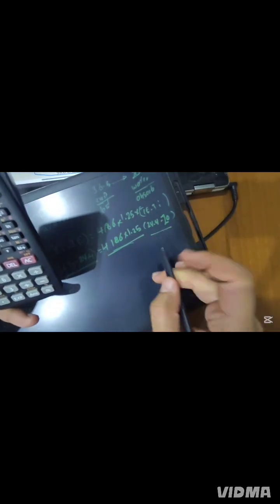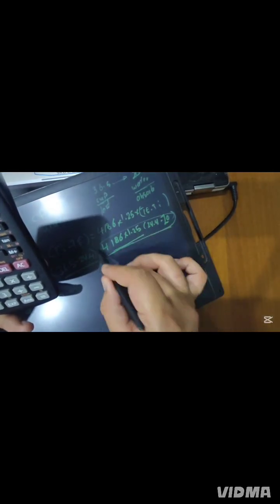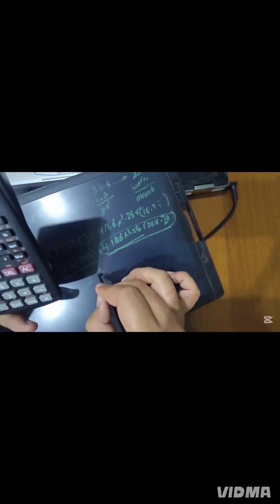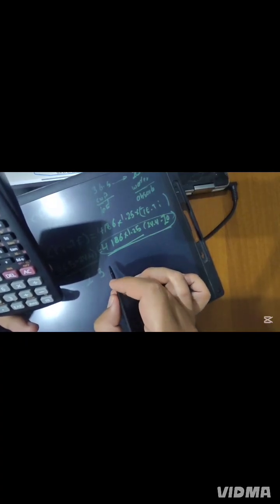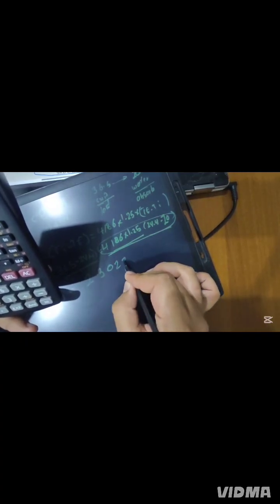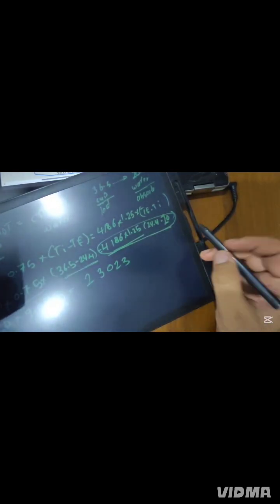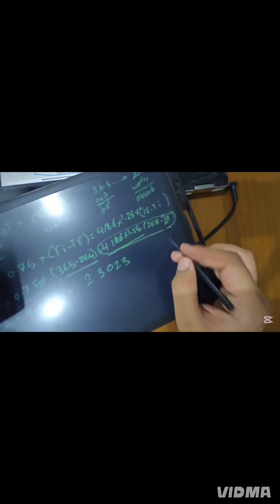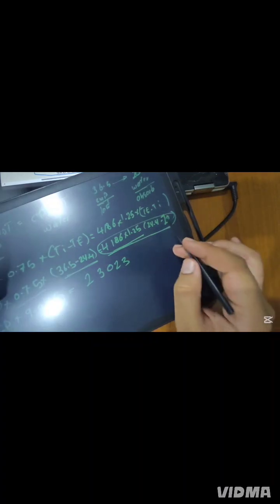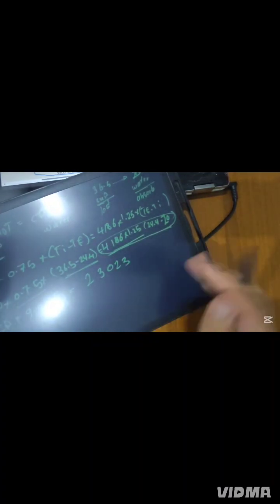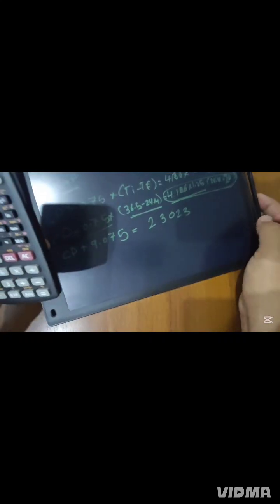So the answer for the right side becomes 23,023. This is the result of the right side, because all of them are numbers. First subtract the two numbers, then multiply the result of the bracket by all the other numbers that we have. Okay, it's so easy.